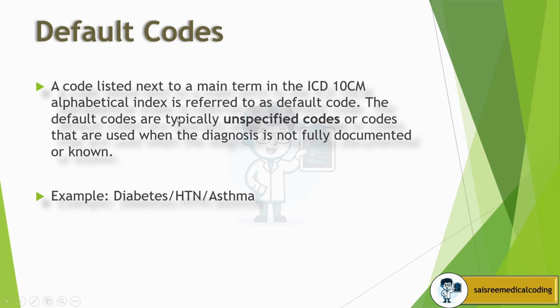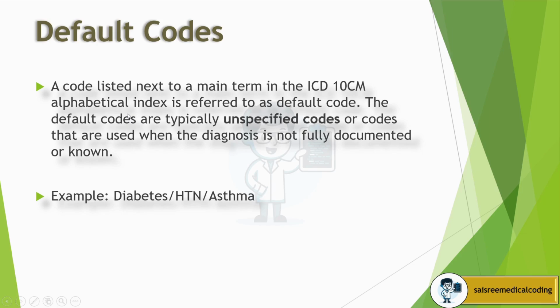The default codes are typically unspecified codes, or codes that are used when the diagnosis is not fully documented or is unknown. In simple terms, default codes mean without any specification of the condition we are specifying.